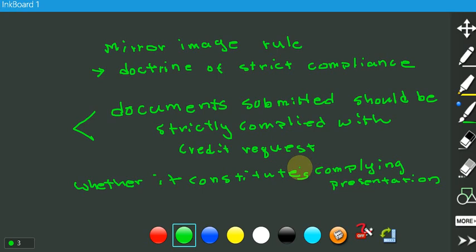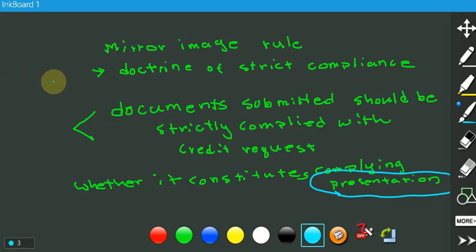Then once we come to this principle, the presentation documents should be evaluated very strictly. It should be identical.